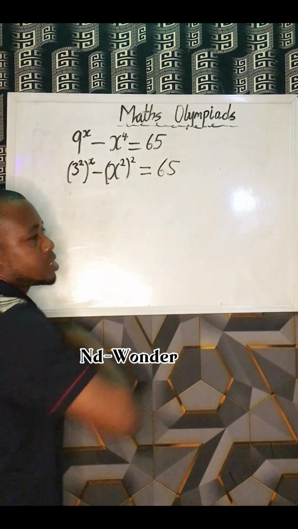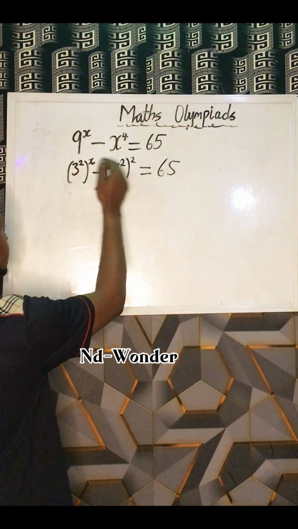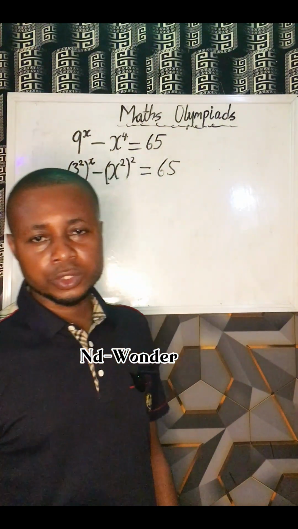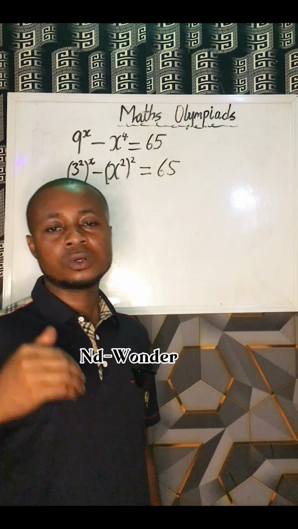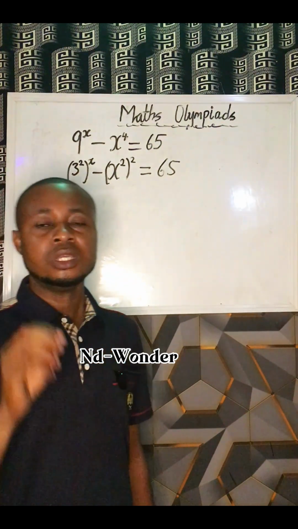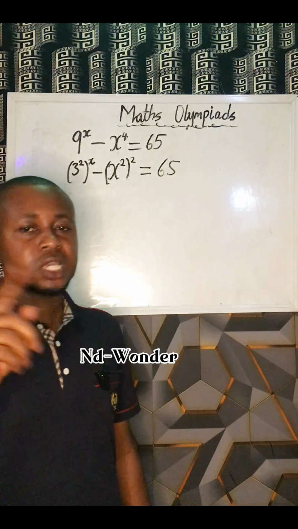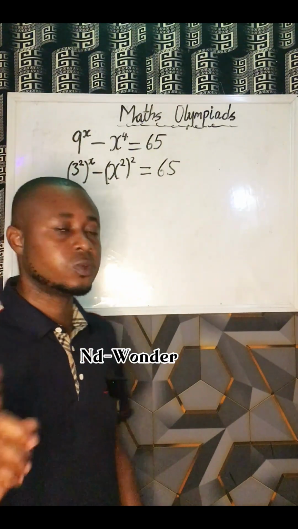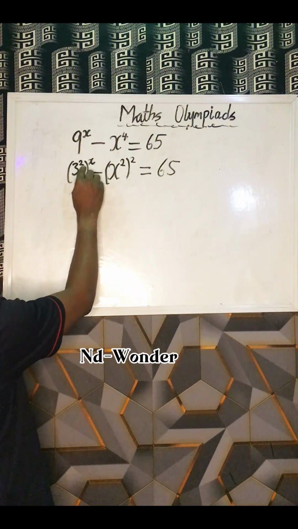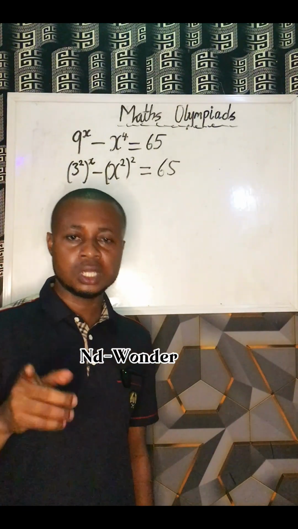Now I want to balance the power in the sense that I want both powers to be the same, and to do that you need to recall what we call the commutative property. In the commutative property, if you say 2 times x, it is 2x. If you also say x times 2, it is still 2x. So they are going to swap. I'll change their positions, but it doesn't affect the outcome.